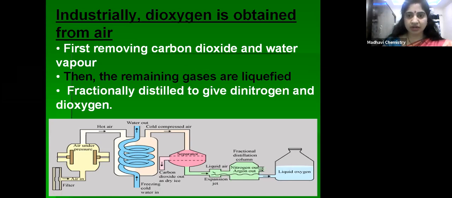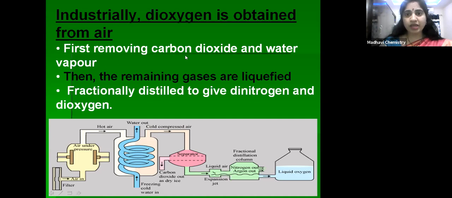You know that air consists of 21% oxygen, 78% nitrogen, 0.03% carbon dioxide, and water vapor, and remaining gases like argon are present. So from that 21% of oxygen we are able to collect oxygen. Now let us see how to prepare oxygen from air.